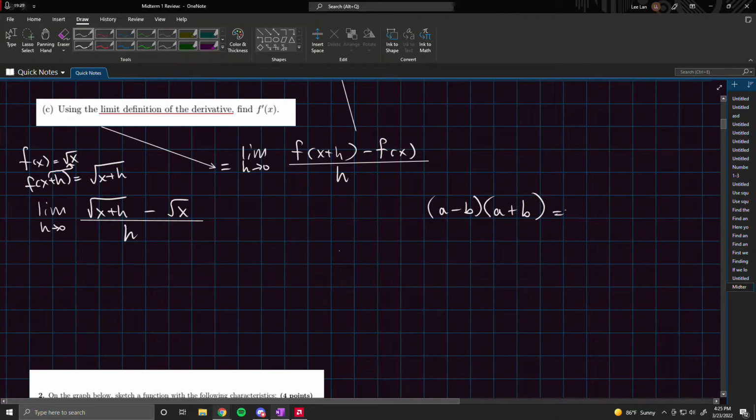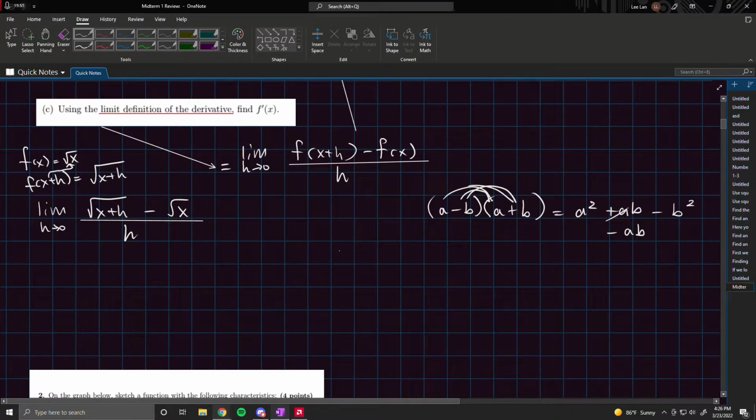The reason this is useful is, let's see what happens when you FOIL it out. The first term will be a squared, the second term will be plus ab, then the third term will be negative ba, or I can write it as minus ab, and the last term will be minus b squared.